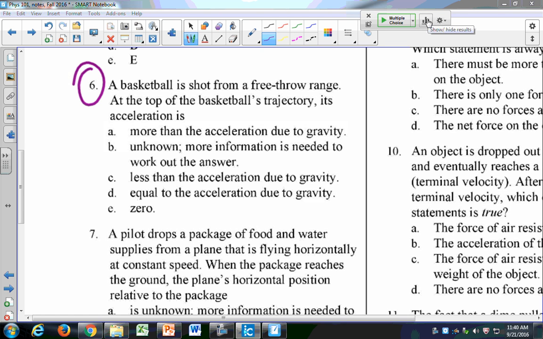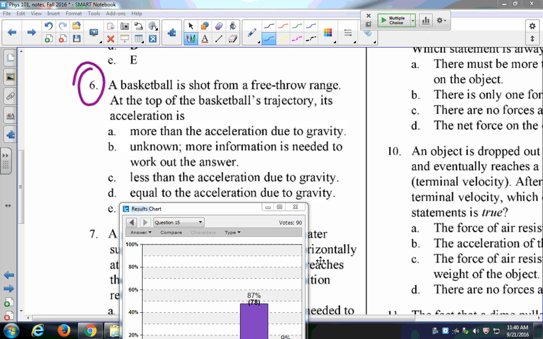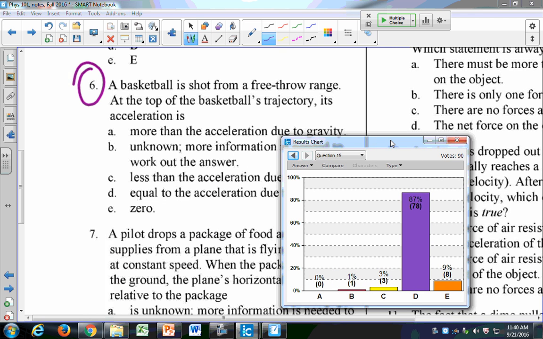Well, you can pick the answer from it. Let's see what everybody put. The answer is D. It's equal to the acceleration due to gravity. There is no other acceleration.